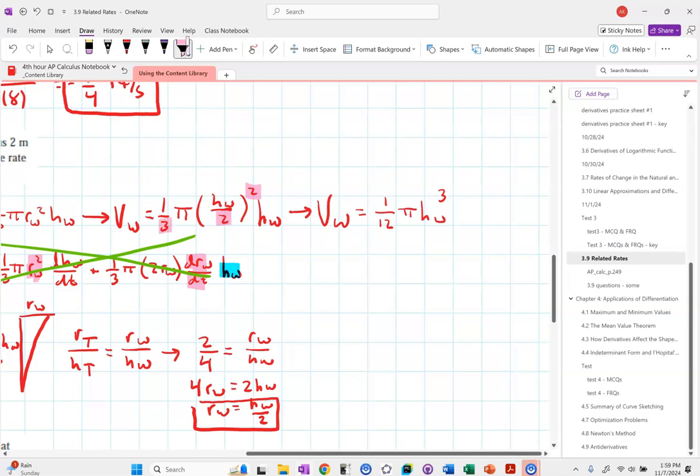That's where the 12 comes from. Does everybody see it now? Okay, I just cleaned it up. Now if we do our derivative, it's going to give us dVW/dt equals 1/12 pi times 3HW squared dHW/dt.